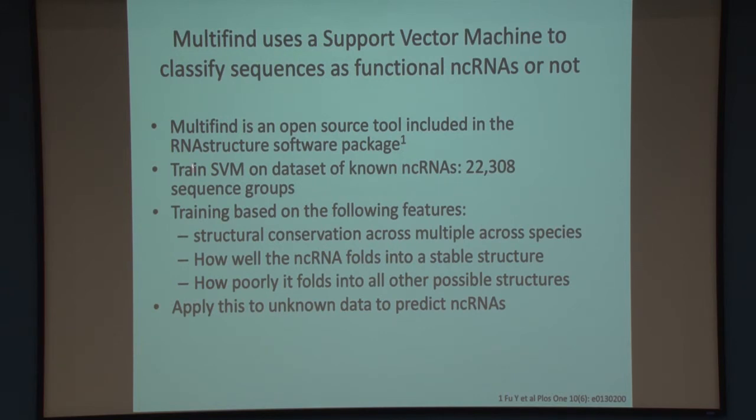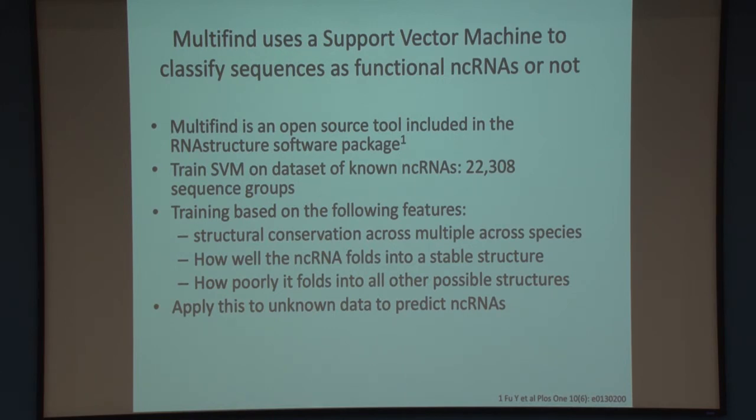So the way it works is it uses a support vector machine on a data set of known non-coding RNAs, a data set of over 22,000 non-coding RNAs, and it labels them as either functional non-coding RNAs or ones that aren't functional. And then they trained the support vector machine based on 3 different features.